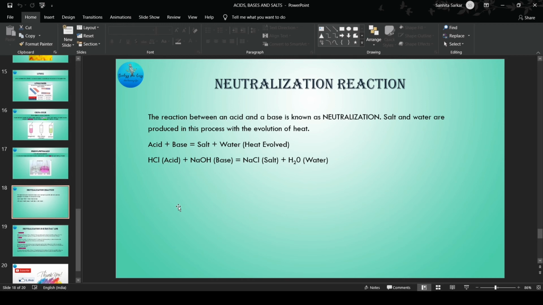So what is neutralization reaction? The reaction between an acid and a base is known as neutralization. Salt and water are produced in this process with the evolution of heat.